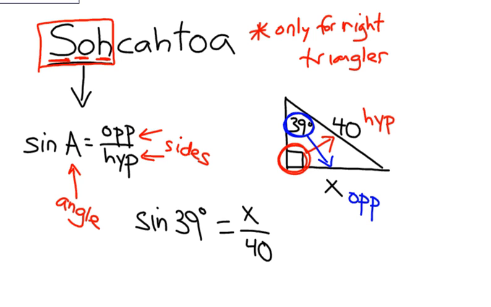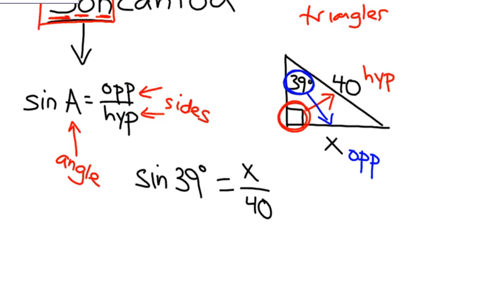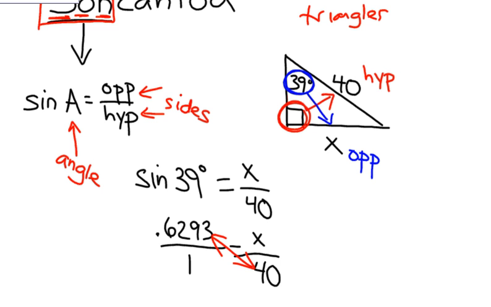Next up, we just go ahead and solve this thing. The sine of 39 is in your calculator, so just type sine 39. And now you're going to cross multiply and divide. So 0.6293 times 40. And then divide by 1, and you get your answer.